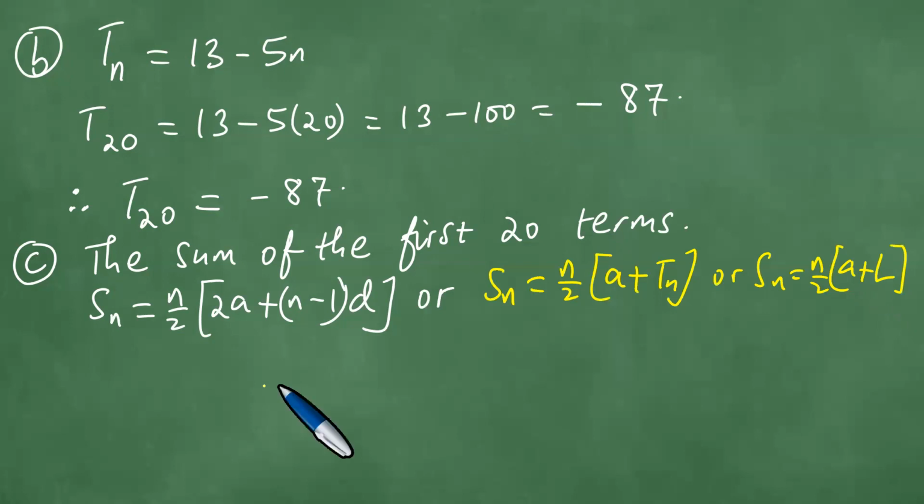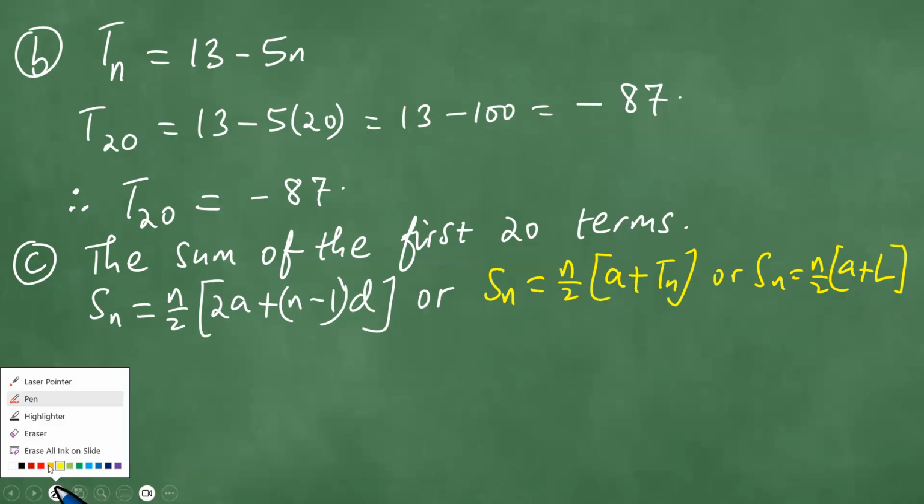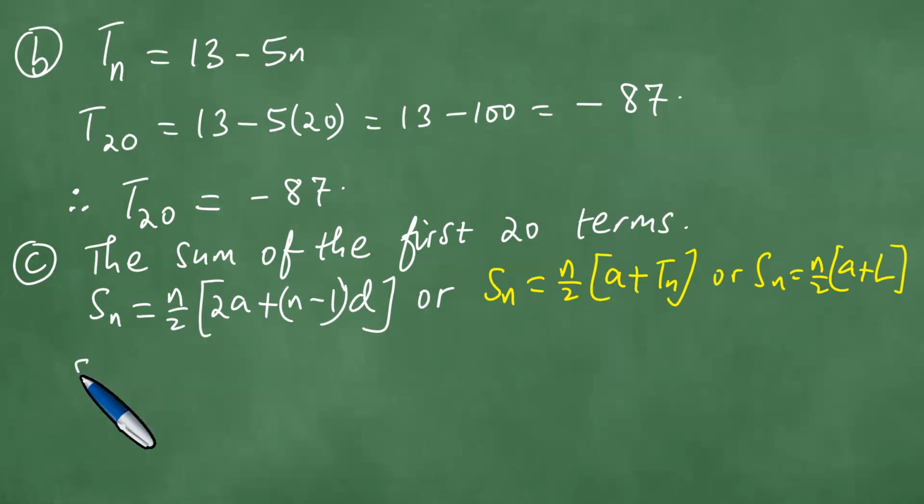So these three formulas both work, they give the same answer. But moving forward, we're going to just use the first one because we're just interested in the sum of the first 20 terms. So 20 terms means n is 20, which means that you're going to have S20.